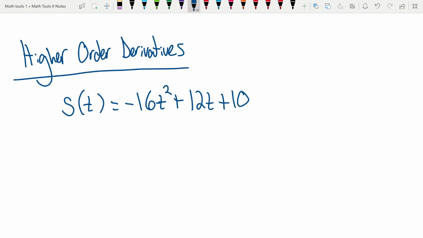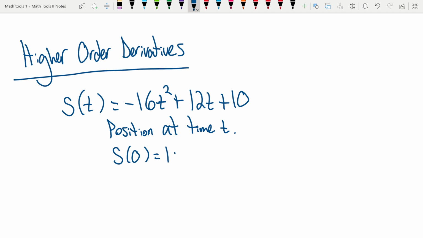So let's say that this gives the position at time t. Usually we say t is in seconds, position in this case might be in feet. So just for example, at time 0, this is 10, 10 feet.